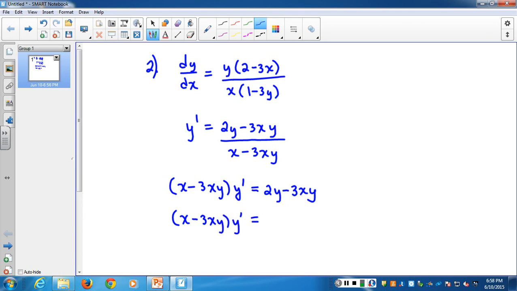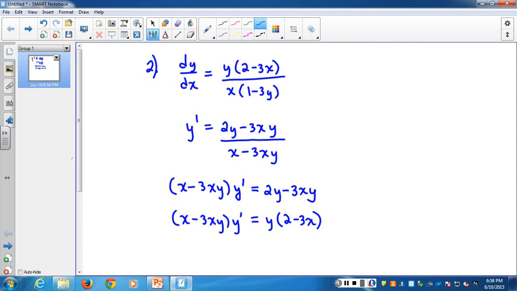If I factor out a y over here, I'd have 2 minus 3x left. When we were judging linear or nonlinear, you can have y prime, y double prime, y triple prime, derivatives of order as high as you want. But you can only have one term that's just got a y variable. There's your y variable.